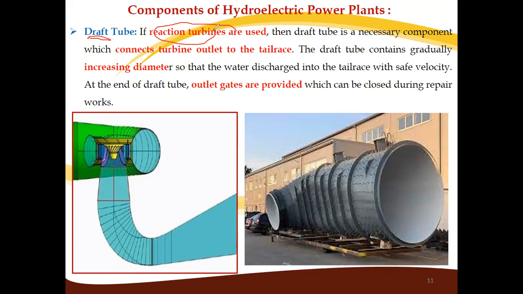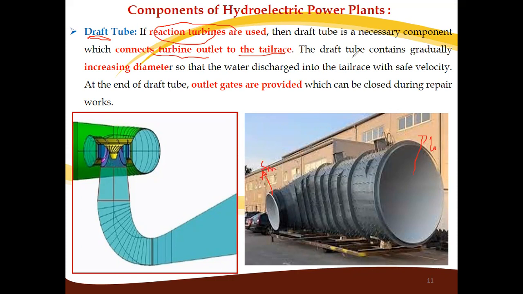A draft tube is a necessary component which connects the turbine outlet to the tail race. One end of the draft tube is connected to the turbine and the other end is connected to the tail race. The large end is connected to the tail race and the small end is connected to the turbine.